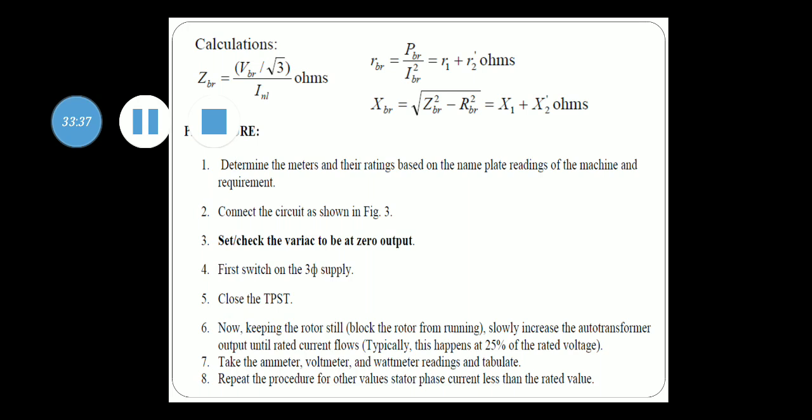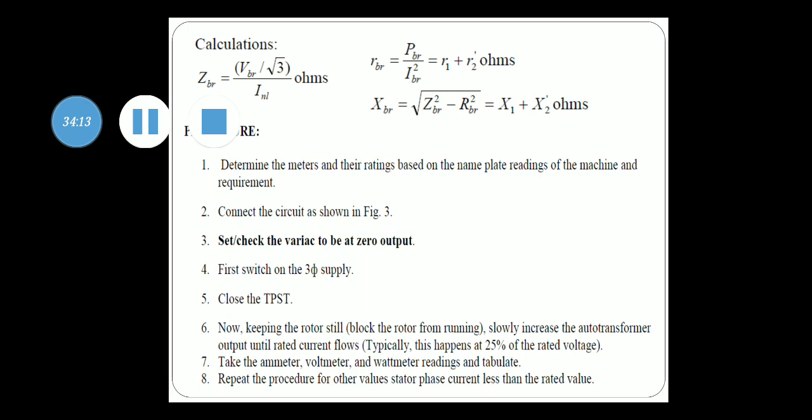Note down the ammeter, voltmeter and wattmeter readings. Then repeat the procedure for other values of stator phase current less than the rated value. You can do the experiment for 2 to 3 values: the rated current, half of the rated current, and one more value. So 3 readings are to be considered here.